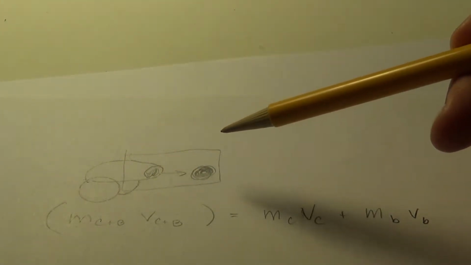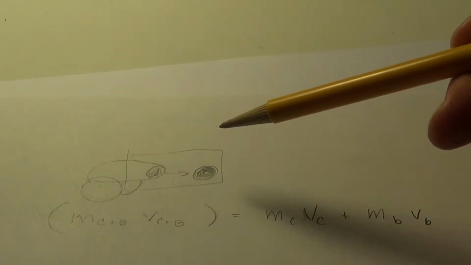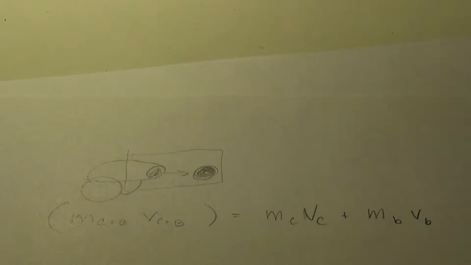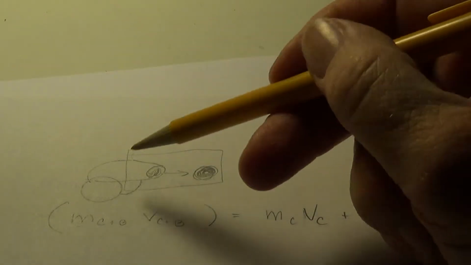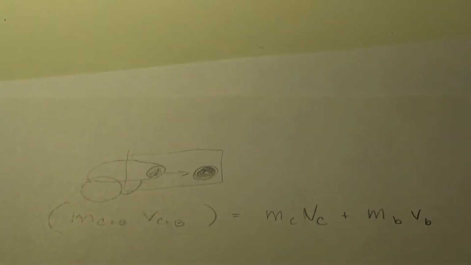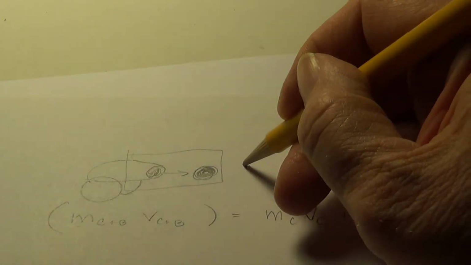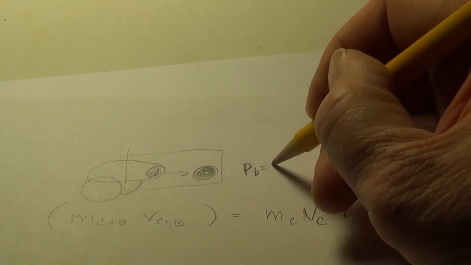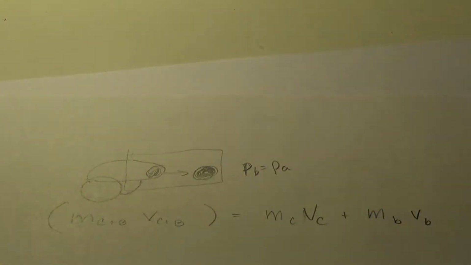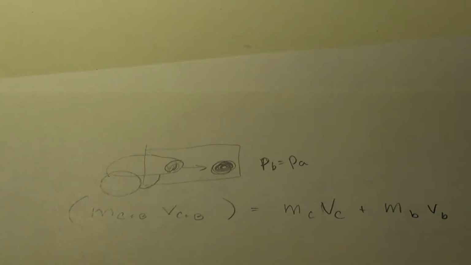And we have determined that there are no net outside forces acting on this system, so the law of conservation of momentum applies. So we're not counting the friction because it's a wheel and it's minimal. So, did you notice that the momentum before, P before, equals P after? And that is the basic formula that will help us through these problems.